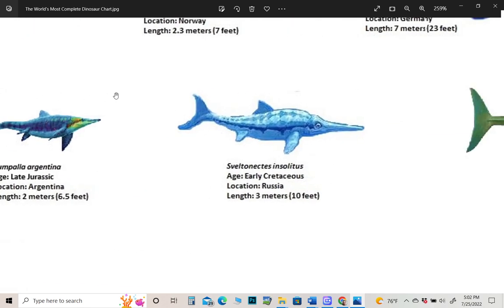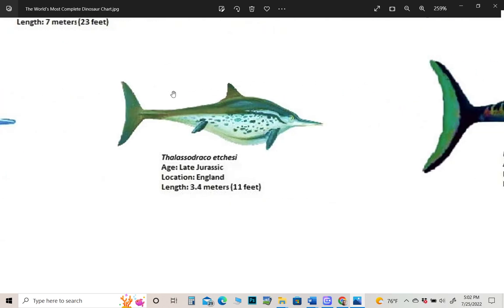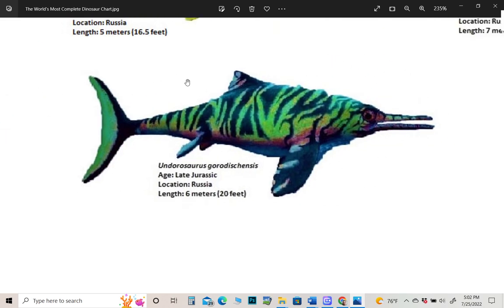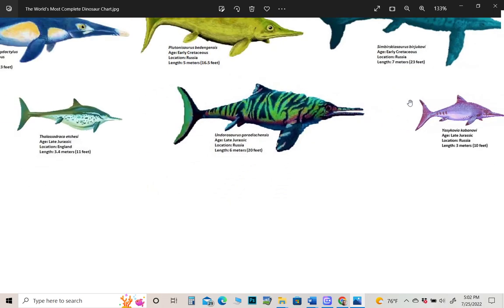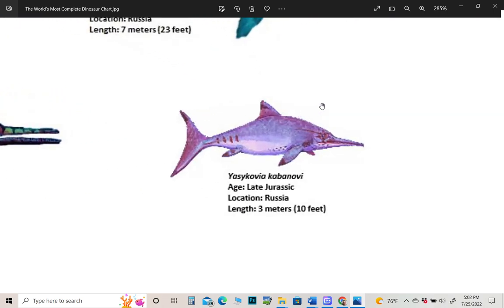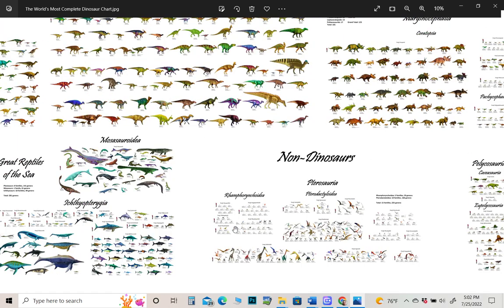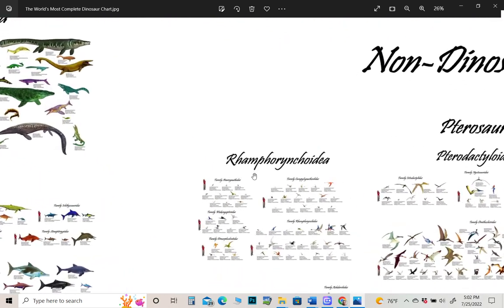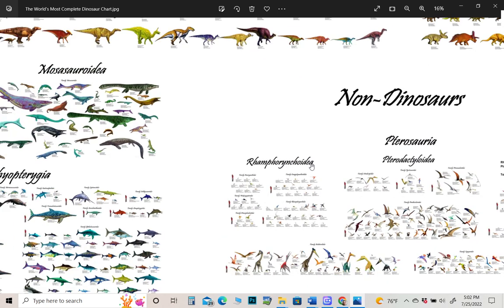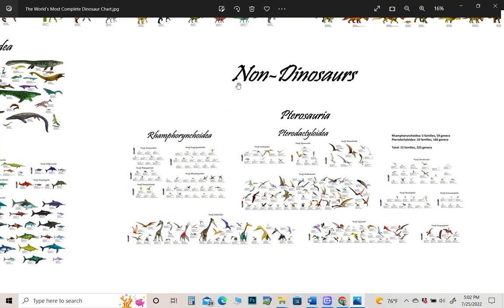Sumpalla, Sveltonectes, Thalassodraco, Undorosaurus, and we have Yasykovia. Kind of sucks. It's like the Amphicoelias problem. Difficult to find that one. The specimen's gone. It's probably disintegrated, actually. And it's hard to find new ones with radar because the bone is so similar to the strata itself.